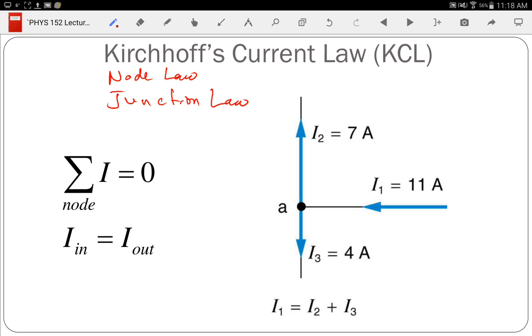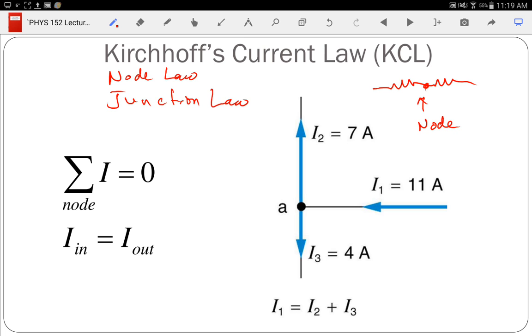What it is: the sum of the currents at a node equals 0. Well, you have to define node for that to carry any meaning whatsoever. Node technically means any place where 2 elements join together. So technically, and notice this is technically, if I have 2 resistors like this, there's a node between them.